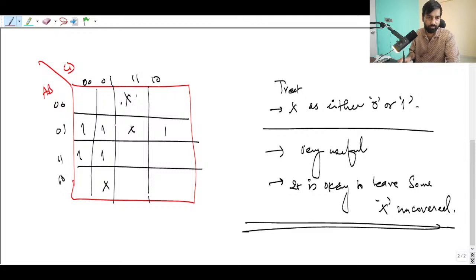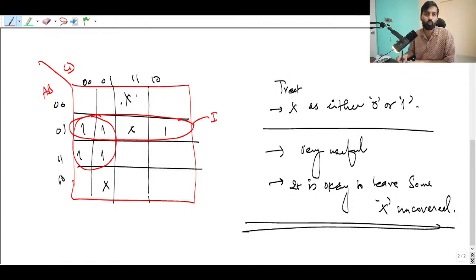So here you can group these ones, considering don't care also as 1 or 0, whatever, but take one here. This will be one of the prime implicants, and here you can also group like this. You can forget about these don't cares, it doesn't matter.